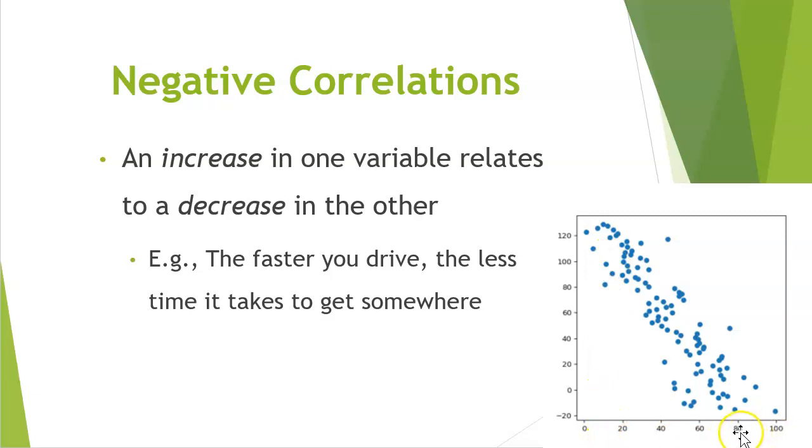Whereas if you go 80 kilometers an hour, it's only going to take you, well, this graph isn't great because it's saying -10. So pretty quick, you're going to get there. So you can kind of think of it like that. So as one increases, the other decreases.